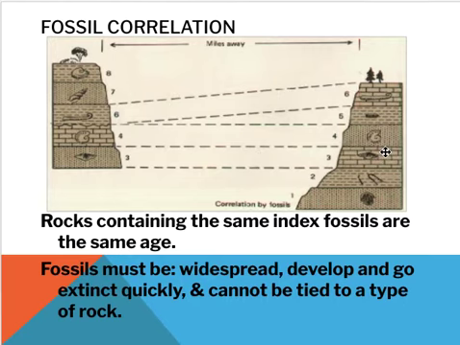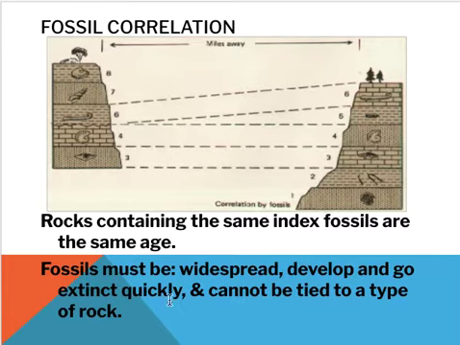It's not the rock that matters. Maybe these guys landed in muddy sediment and these ones landed in sandy sediment, so the rock itself may be a little bit different. But the environment they die in is what that is an indication of. That's not as important as the fact that the rocks are the same age because they have the same fossil.